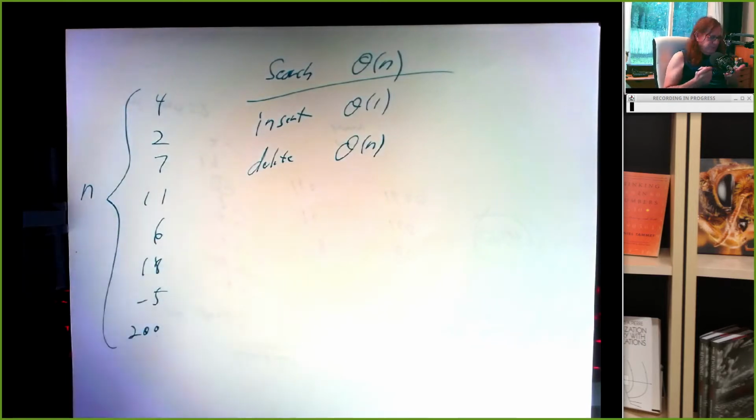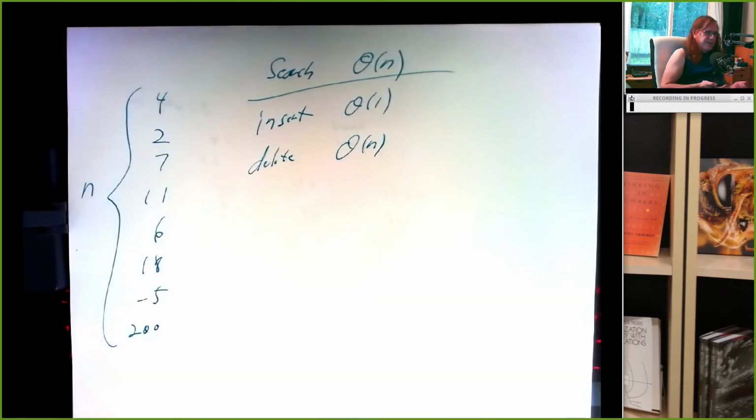And so what can we do to this array in order to speed up our search? This is something we did in the very beginning of 224, although we didn't phrase it like that. But if you think about your high-low game, that's basically a search problem. The person you're playing with is thinking of a number, and you're searching all the numbers between 0 and 100, for example, to find their number.